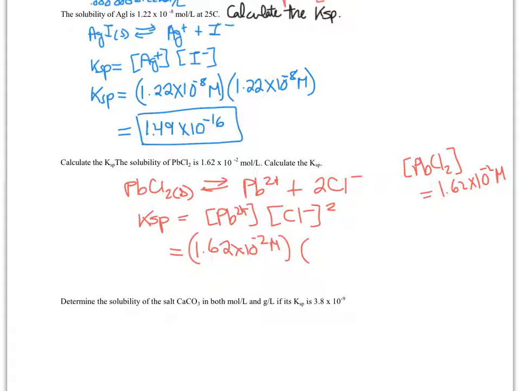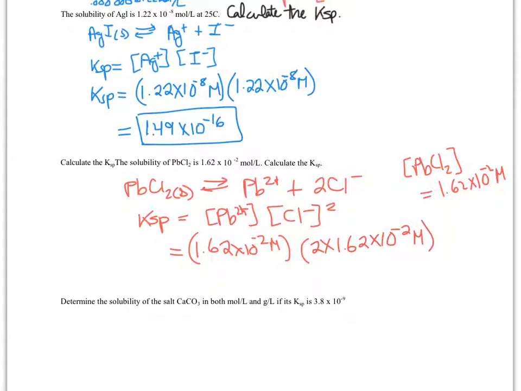My Cl- also only comes from the PbCl2. And if the concentration of the PbCl2 is this number, the Cl- is double that number because it's a 2 to 1. There's 2 chloride ions in every one of these. So my concentration for the Cl-, since they don't give it to me and I need to find it through the PbCl2, is just double what the PbCl2 would be.